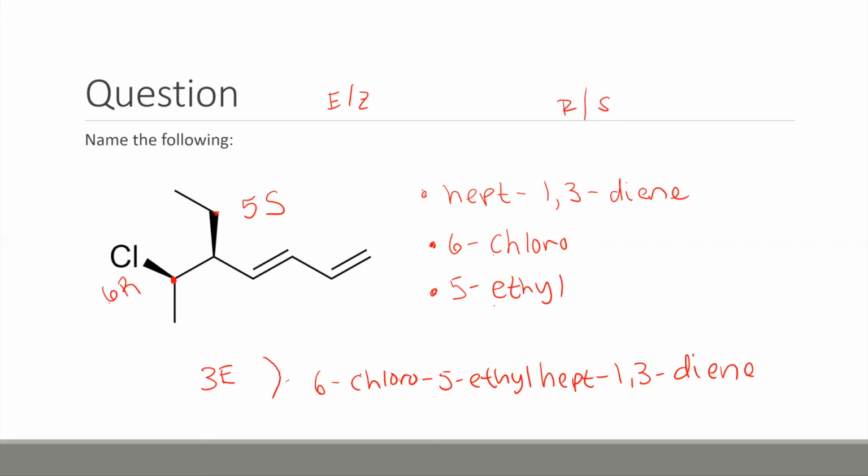Okay, so now we will put all of our naming together. We're going to have a 3E5S6R in our parentheses, 6-chloro-5-ethylhept-1,3-diene.